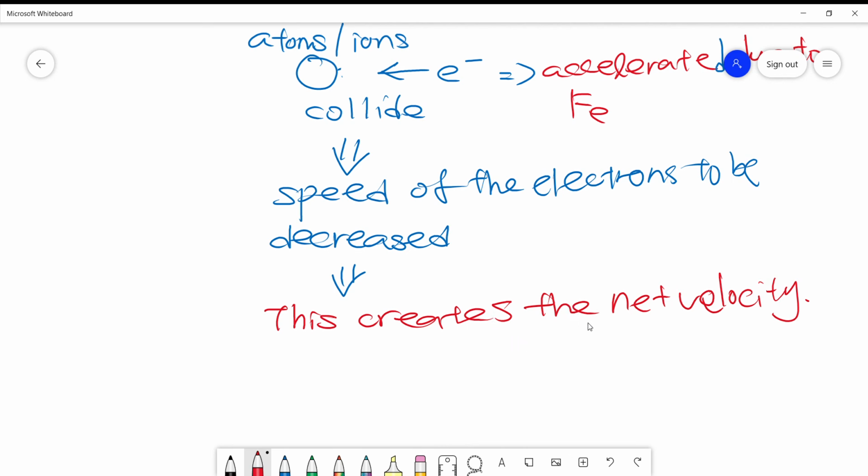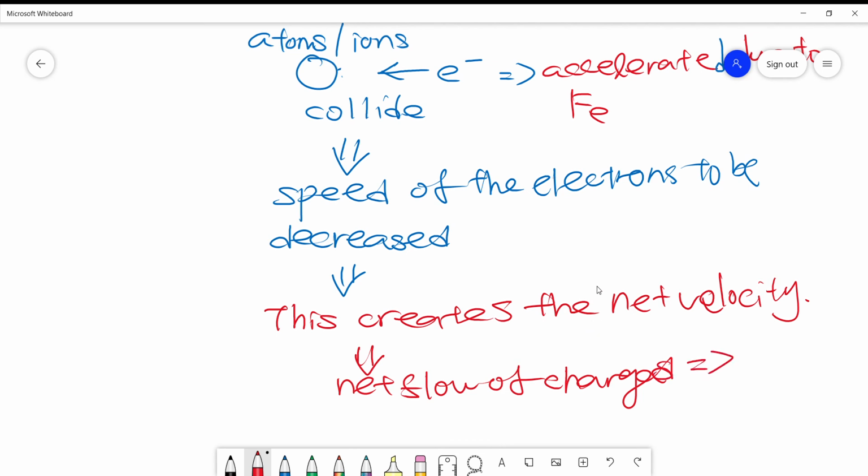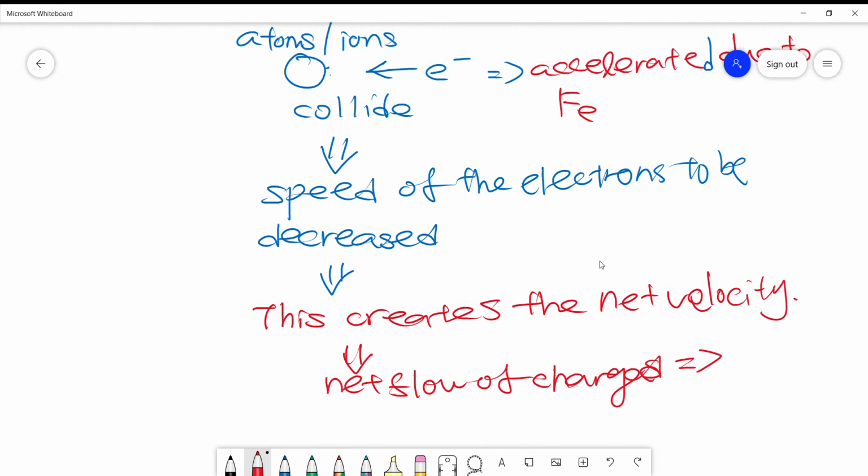As we said in the previous parts, the net velocity can produce the net flow of charge, and the net flow of charge will produce the electric current.